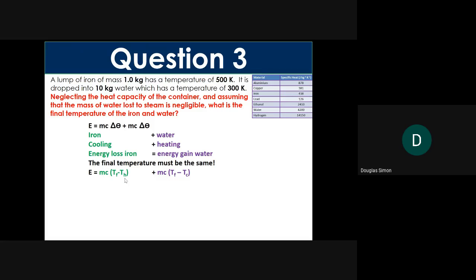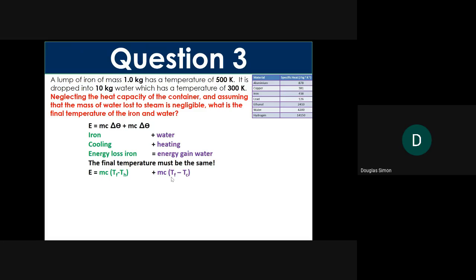Now, importantly, what is the temperature change? Well, the temperature change, or a change in anything, is given by the final temperature minus the initial temperature. So that's really important. So here, for the iron, the change in temperature is the final temperature minus the hot temperature, 500 Kelvin.